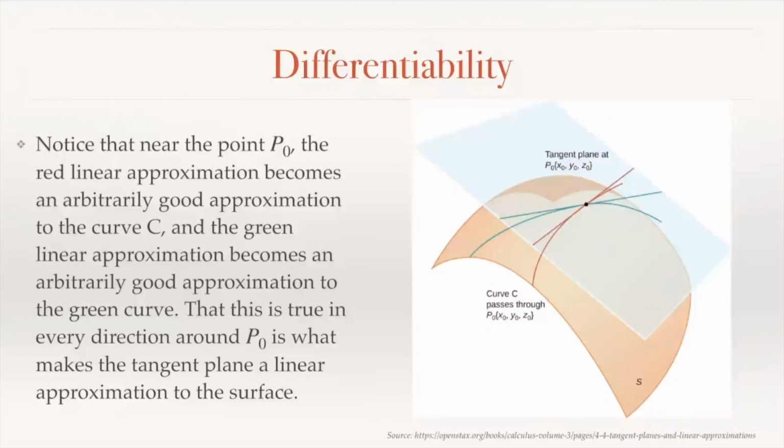So in Calc 1, a function was differentiable if and only if its tangent line was an arbitrarily good approximation as you approach the point. In multivariate calculus, now instead of tangent lines it's tangent planes. So the tangent plane is a linear approximation to the surface at that point, just as tangent lines were in Calc 1. And that concludes this other short chapter.